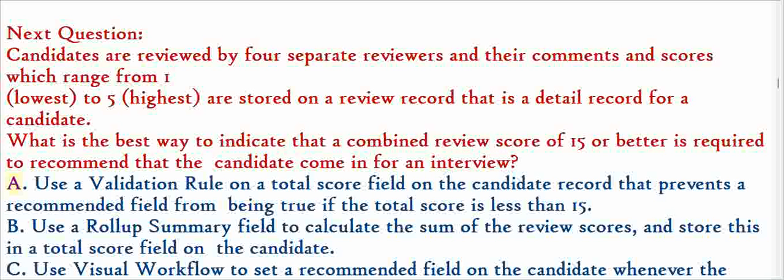A. Use a validation rule on a total score field on the candidate record that prevents a recommended field from being true if the total score is less than 15. B. Use a roll-up summary field to calculate the sum of the review scores, and store this in a total score field on the candidate.